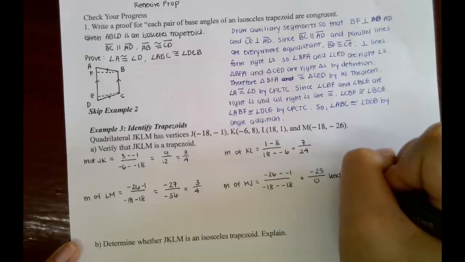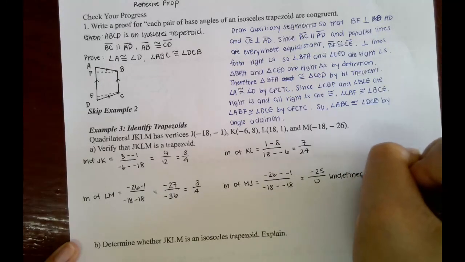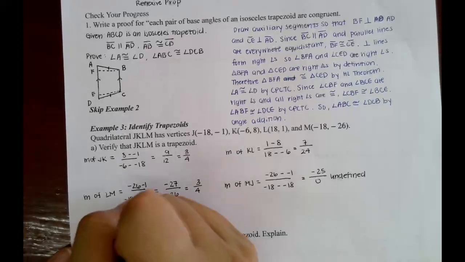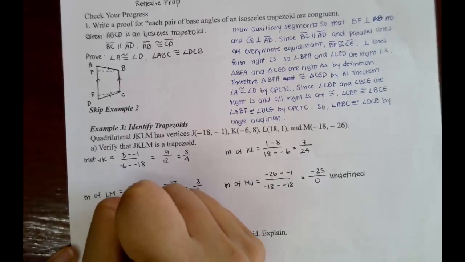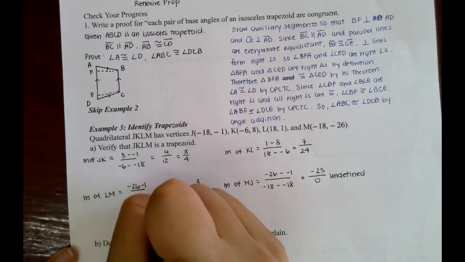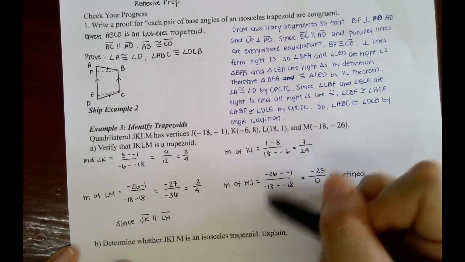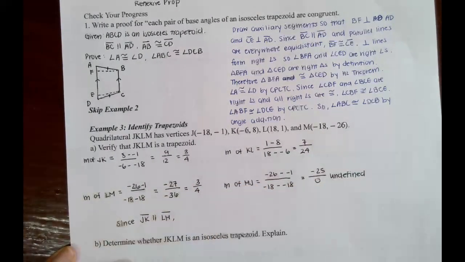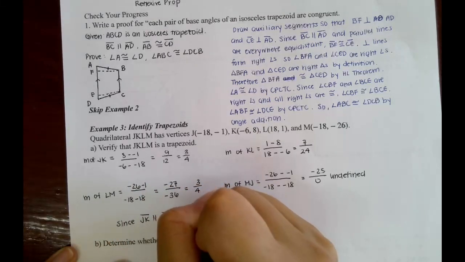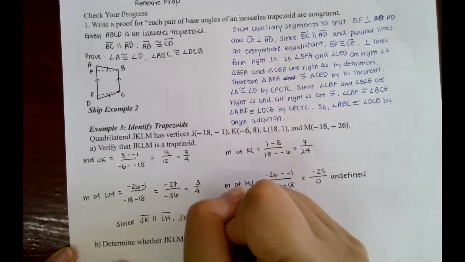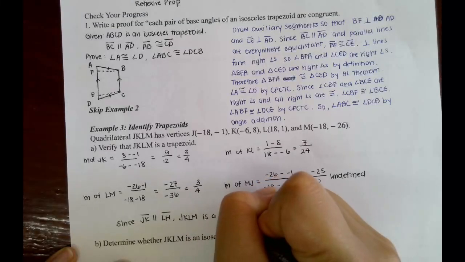This is undefined, and since I only have one pair of parallel lines, then it is a trapezoid. So since JK is parallel to LM, and KL and MJ are not parallel to each other, that makes this a trapezoid, since there's only one pair of parallel lines. It is a trapezoid.